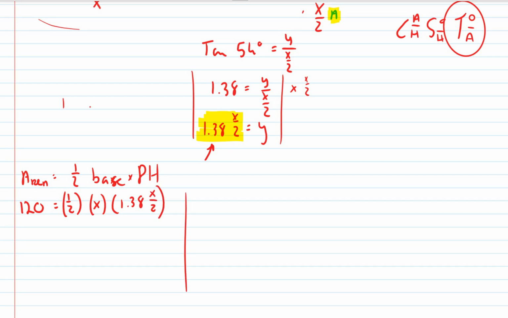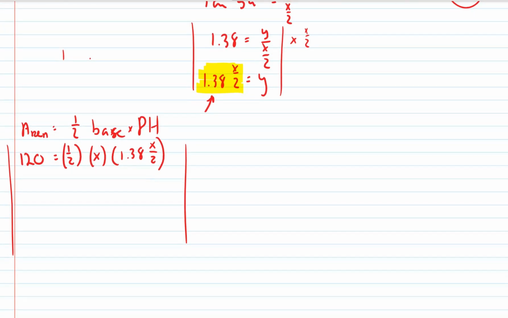Now we're just going to do a bit of algebra to see if we can find out what x is. So I want to get rid of the half and multiply by 2. Multiply by 2 on this side, I get 240 equals x multiplied by 1.38 x over 2.